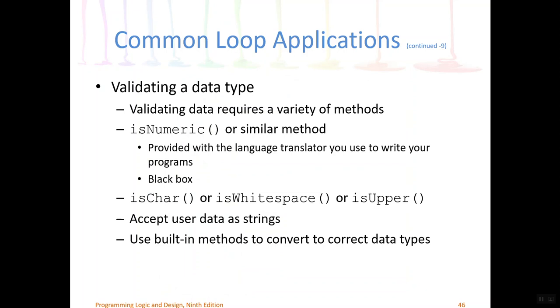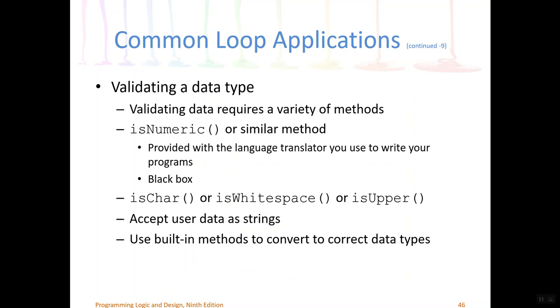You would want to validate that an age, for example, entered by the user is numeric. And the type of method that you'll use, is numeric, is char, etc., is going to depend on the programming language that you're using. At this point, we're speaking in generalities because we're dealing with pseudocode, but you will find Visual Basic and the other programming languages out there each have their own way to do this, their own functionality built into the language that allows us to test this.